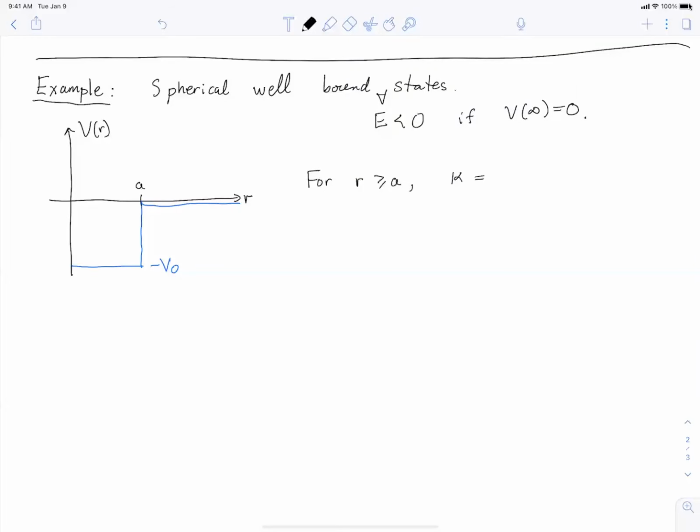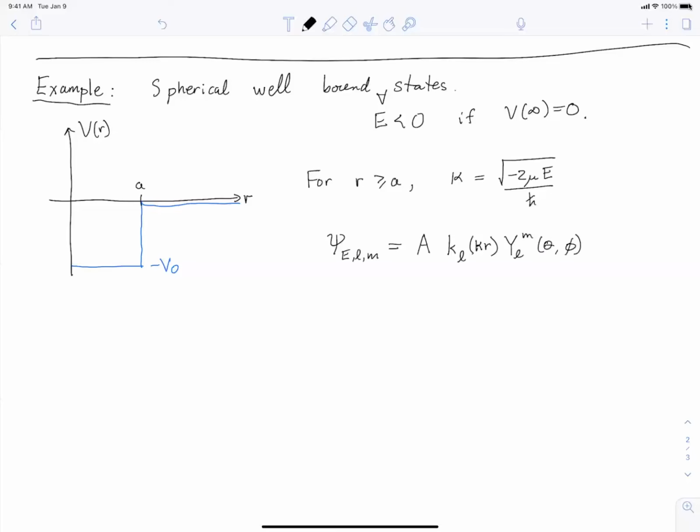Kappa is going to be the square root of minus 2 mu times the energy divided by h bar. And then the wave function corresponding to that is going to be some constant A times the modified spherical Bessel function that's good at infinity, which is k_l of kappa r times Y_lm of theta and phi.